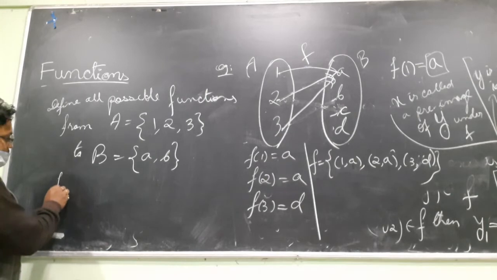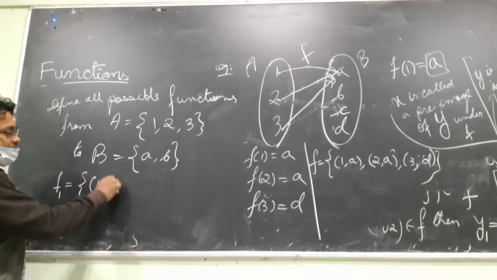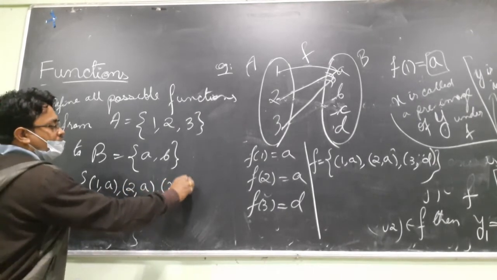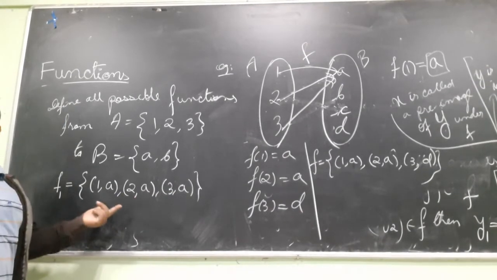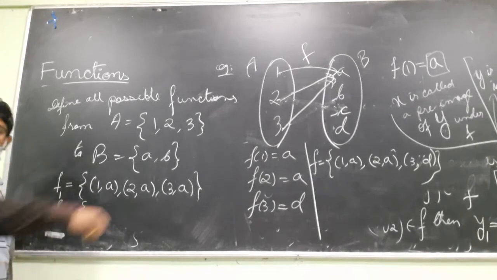Say F1. Say I give you one example. Say 1 is going to A, 2 is also going to A, 3 is also going to A. Okay. So this is one function. Under this function, everything goes to A. Then F2, like that, you define another function.